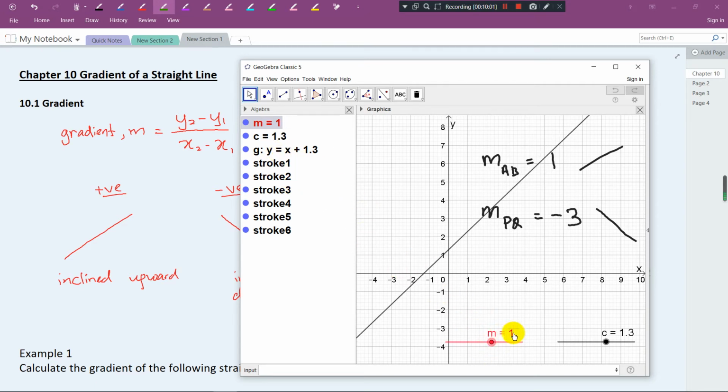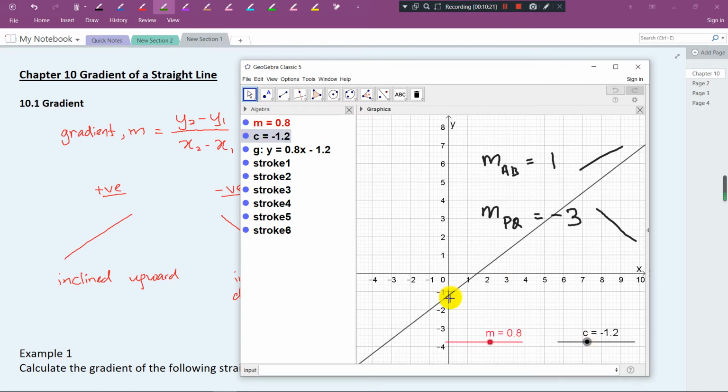When it becomes 1, the gradient is 1. We don't have to write 1 in front of the x. People know that that's 1. And this part is actually the y-intercept. You see, when I move it, this number is here. When I go to negative, it goes down.